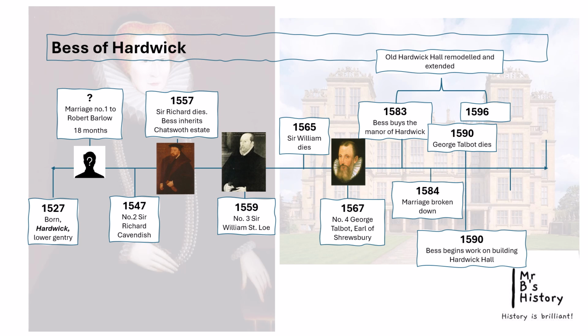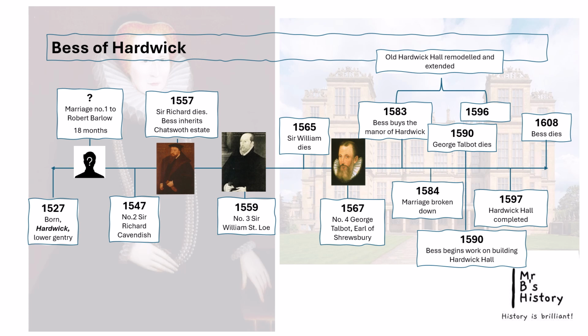And she still continues to remodel the old hall, which is where she's currently living, until the new super duper palatial prodigy house, Hardwick Hall, is completed in 1597. And then Bess enjoys living in that house, I'm sure, for 11 years until her death in 1608.